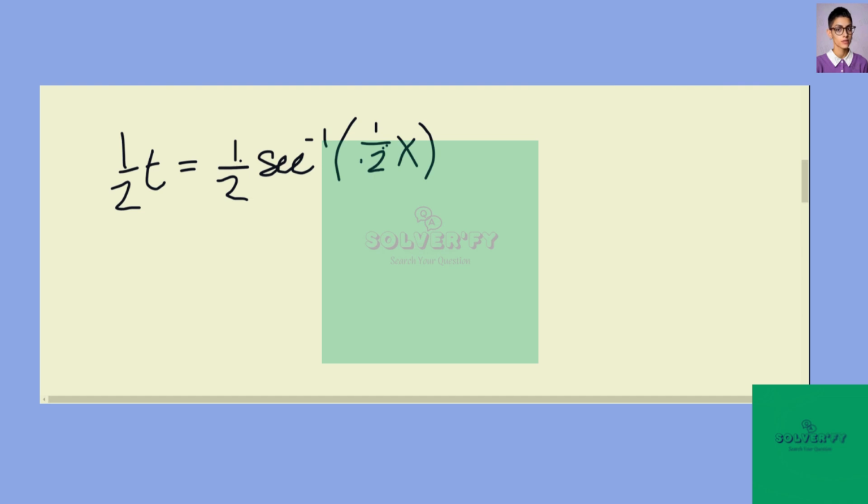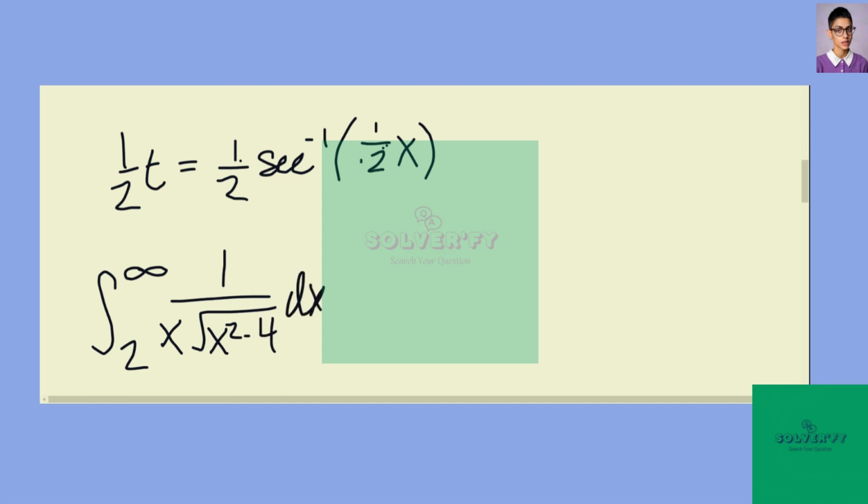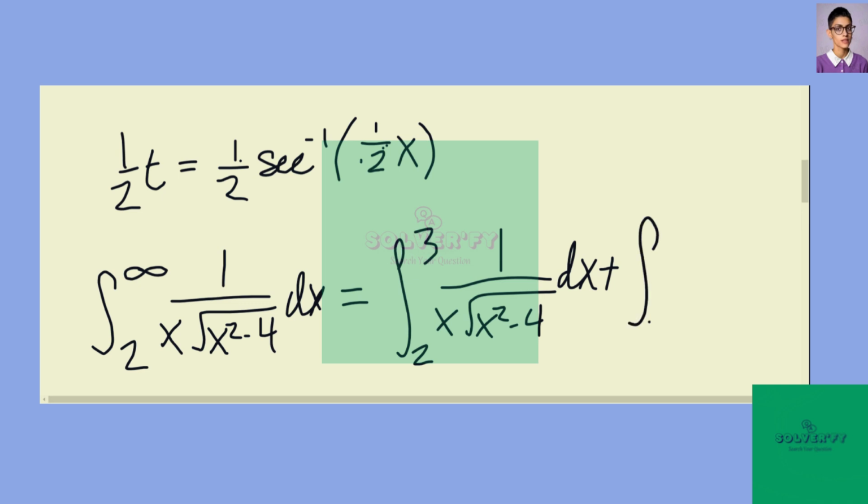So now we can split the integral at any number between 2 and infinity. So for example, we could split it at 3. So our integral from 2 to infinity of 1 over x times the square root of x squared minus 4 dx is equal to the integral from 2 to 3 of 1 over x times the square root of x squared minus 4 dx plus the integral from 3 to infinity of 1 over x times the square root of x squared minus 4 dx.